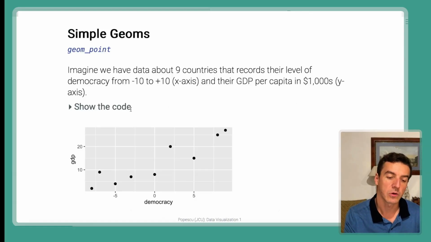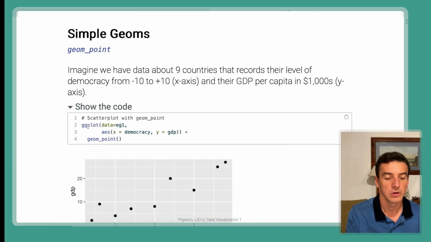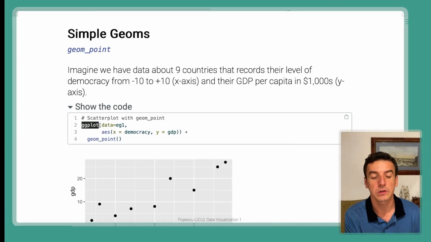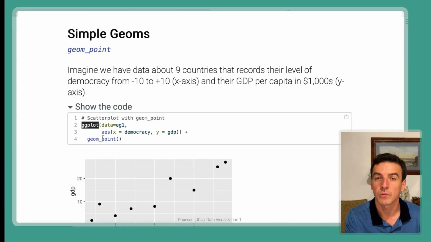So let us now look at the code. Notice that we're using ggplot. So this is after we loaded the ggplot2 library. One important thing to note here, this is not ggplot2, although the library is called ggplot2. The way we call it when we actually use it is just ggplot. Then we have to tell ggplot what is the main data set that we're using.